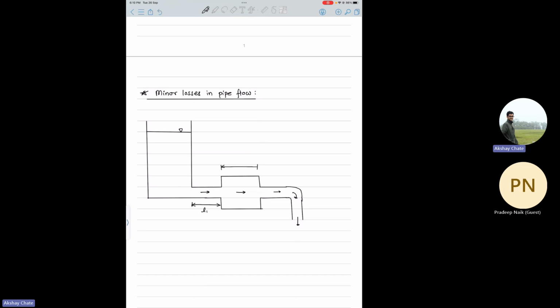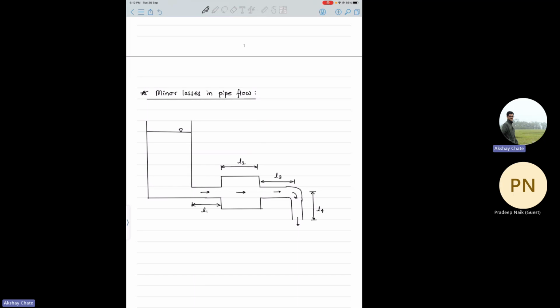Then you have some length L2 where the cross-sectional area increases, and then some length L3, which is still straight flow up to the center of the bend. Then there is a curvature, and then you have L4, the exit portion pipe length. You can take D1, D2 accordingly. This example covers most of the minor losses, and therefore I have taken it.